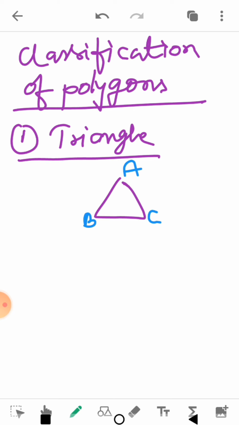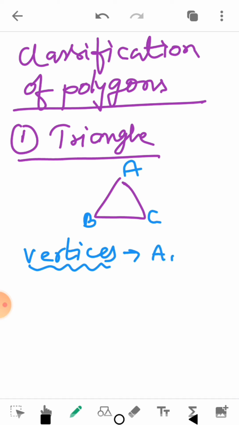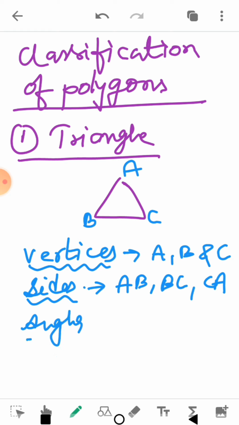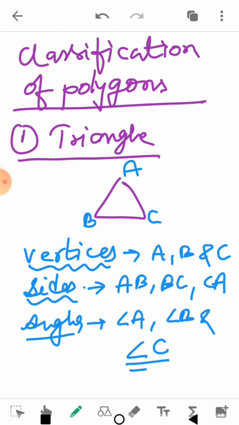It has 3 vertices, that is A, B and C, and a triangle has 3 sides as well, that means AB, BC and CA. And 3 angles as well, angle A, angle B and angle C. These are the properties of a triangle. Understand?